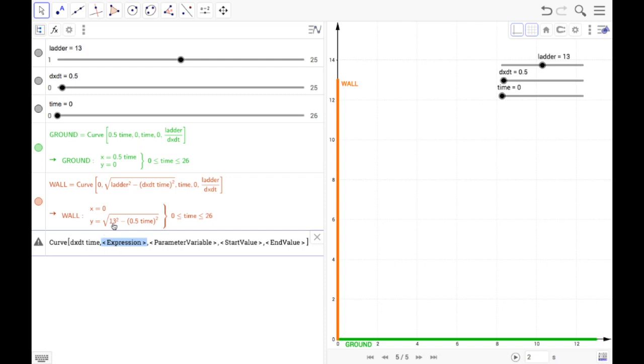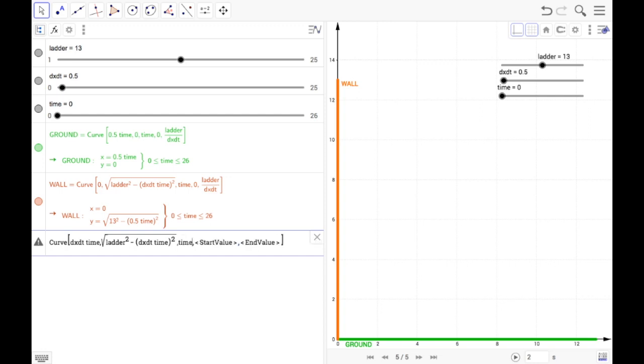The y value here, we're going to use this expression, which is the square root of the, not going to type in 13, we're going to use the variable ladder squared, and again we're doing that so that this can be a dynamic model. We're going to subtract off dx dt, which is the 0.5, times the time, and we want to square that.